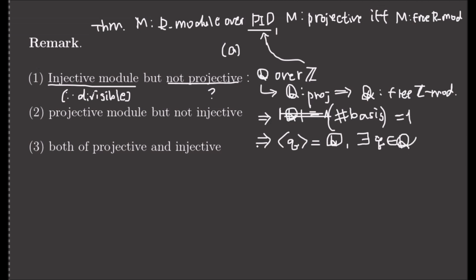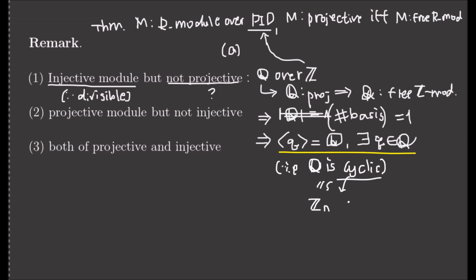In other words, the rational number group is cyclic. Then note that every cyclic group is classified as Zn or Z depending on the order.